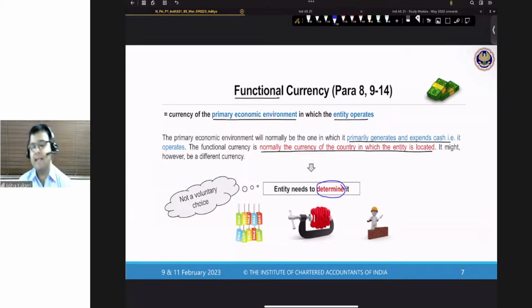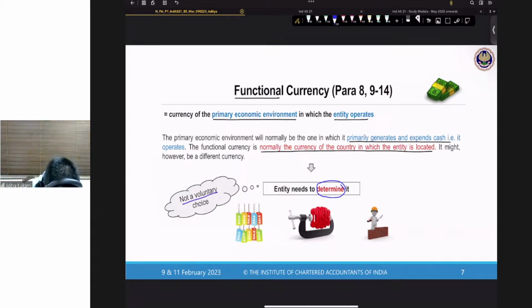Ind AS does not say that where you are situated, that geographical location's currency is your functional currency. No, it does not. The standard tells you that you have to determine what is your functional currency. You will have to work out as to what could be your functional currency.